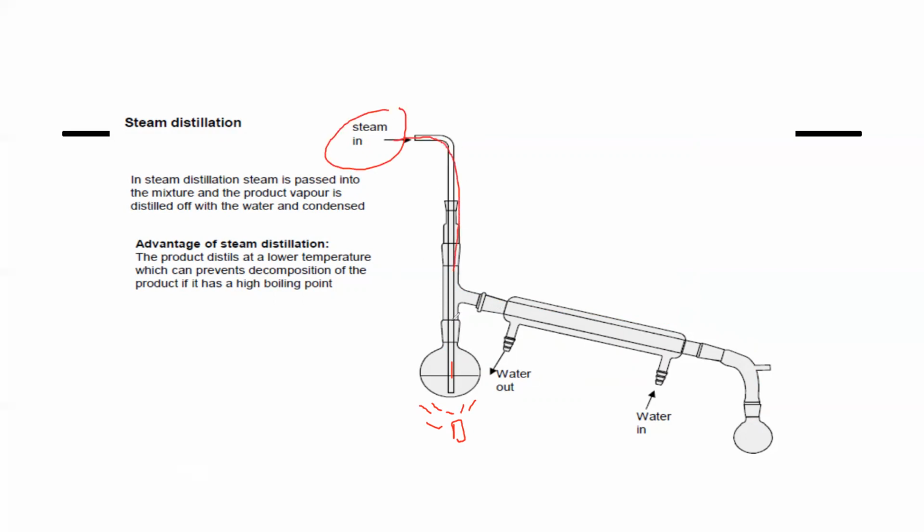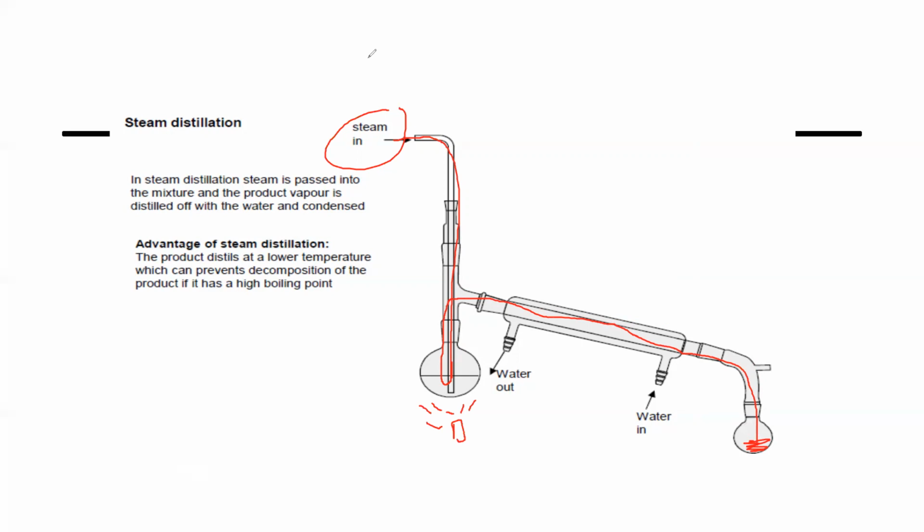So when we pass steam, the vapors of the steam take the other substance. It will rise with the steam, condense, and be collected here. So for substances which can decompose at a high temperature, we don't use the normal heating method, we use steam distillation.